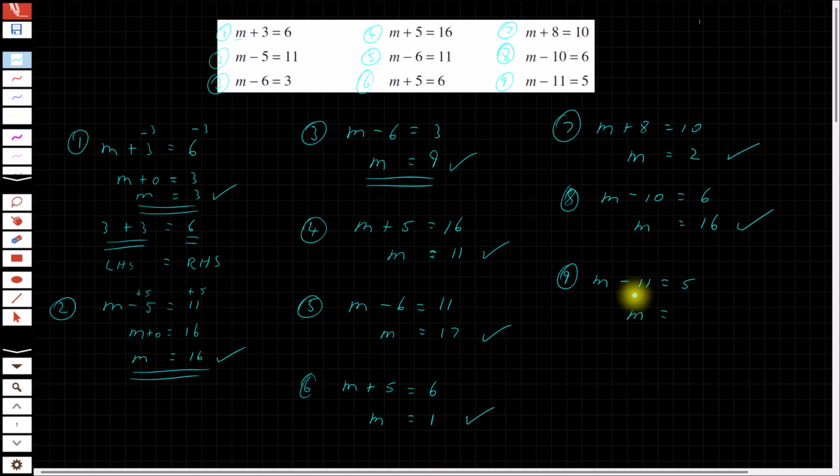We have a minus 11, so we need to add 11 to get rid of it. We need to do the same to the right hand side. 5 plus 11 equals 16. 16 take away 11 equals 5. So this is correct. So that completes the lesson on solving for the unknown variable.